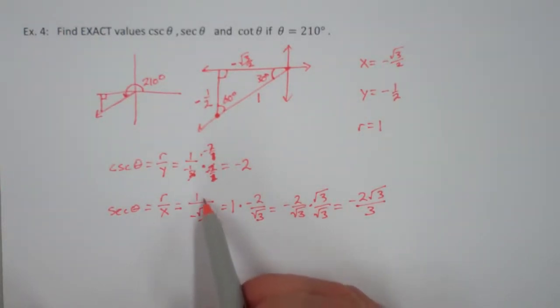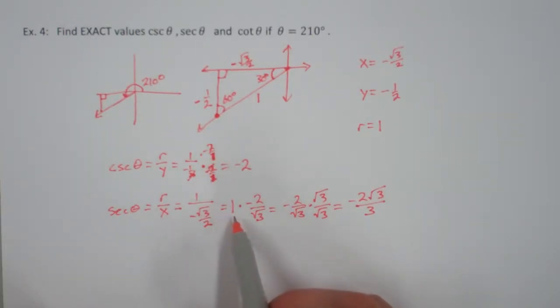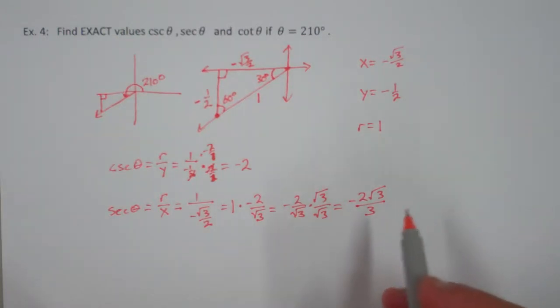You could also multiply the top and the bottom by the reciprocal of the fraction in the denominator like we just did here. If you remember how that works, you'll work out to have the same solution.